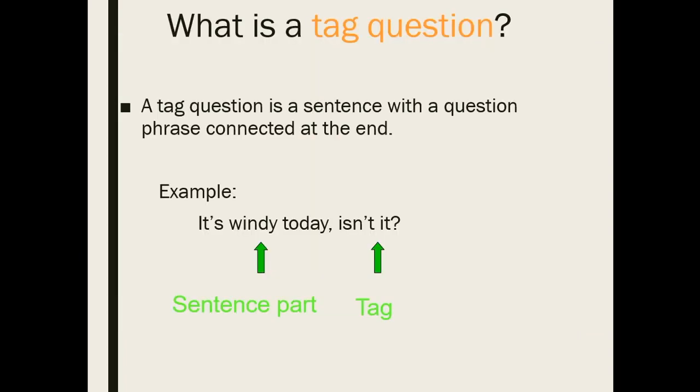And the third one, okay, look at what is a tag question. As I've just mentioned, the tag question is a sentence with a question phrase connected at the end. For example, it is windy today, isn't it? Look at the two parts of the sentence.